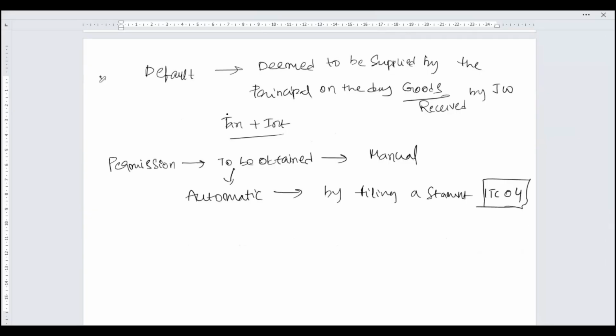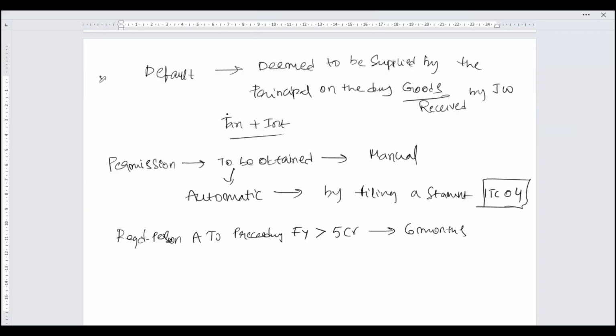Now there is a periodicity. Any registered person whose aggregate turnover in the preceding financial year is more than 5 crore needs to file this ITC-04 every 6 months.